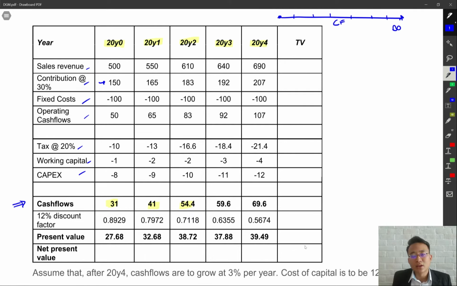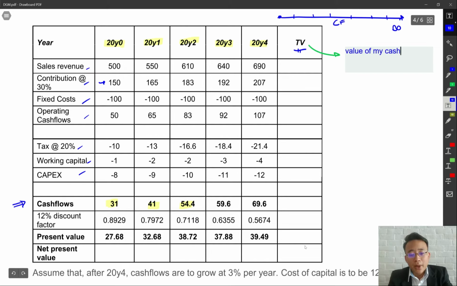That is terminal value. So, if I have to write out a quick definition of terminal value, in this question, it would be the value of my cash flows from after 20Y4 to infinity.